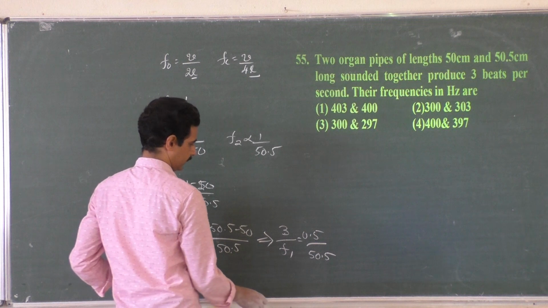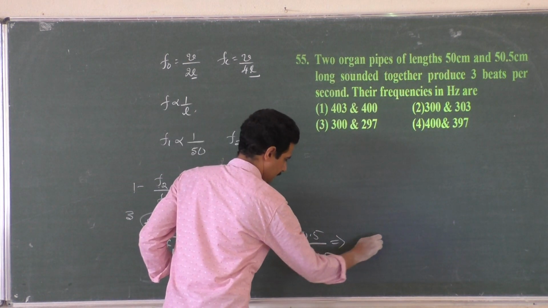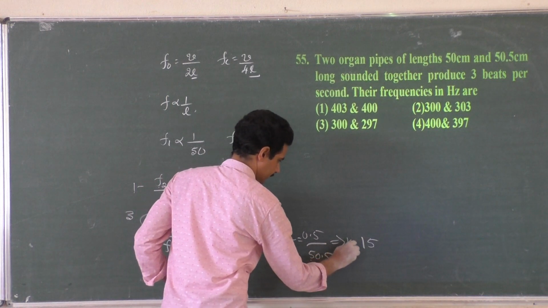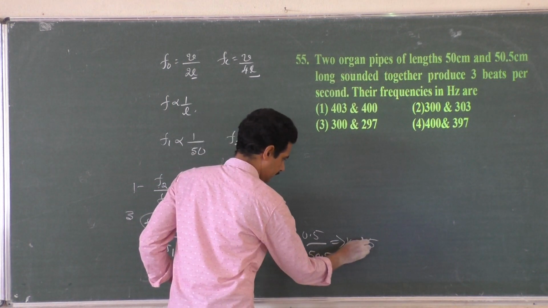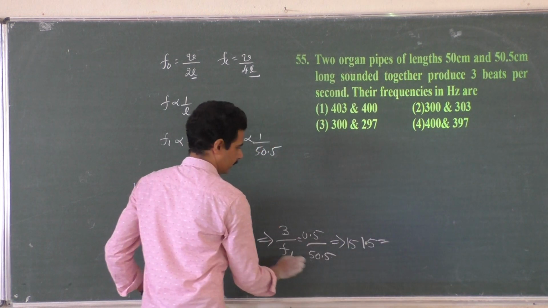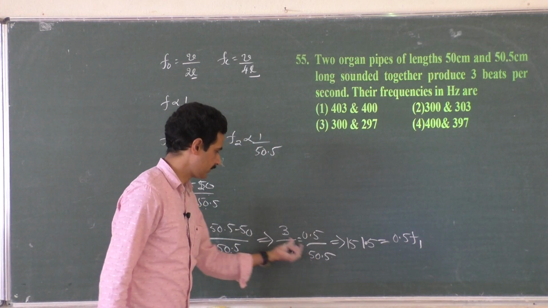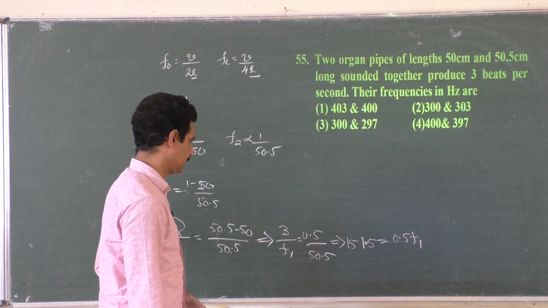3 into 50.5 implies 151.5. Yes, 0.5 F1 is equal to 151.5.